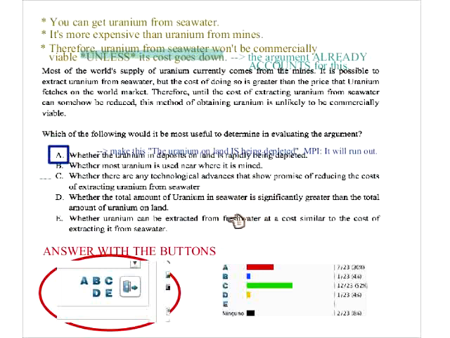And then this one, at a cost similar to, meaning that this is just as expensive as seawater is. So if E is true, then freshwater mining has the same problems as seawater mining does. So it doesn't help us. We need some way for this to be commercially viable without its cost going down, because the argument has already allowed that as an exception.